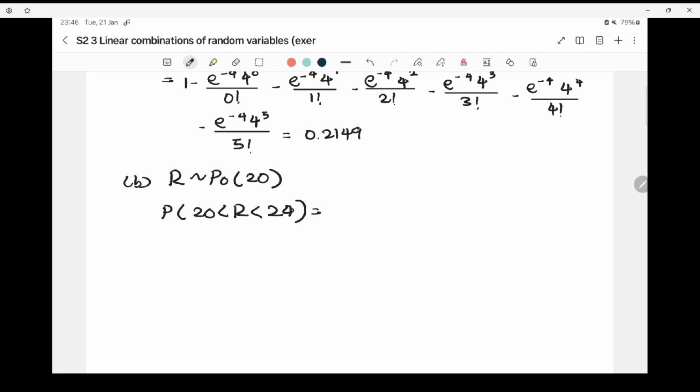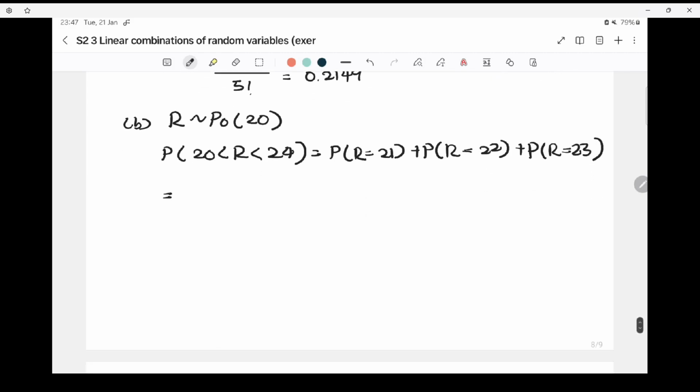We are not doing the normal approximation, so you can just list down the numbers in between: R equals 21, 22, and 23.